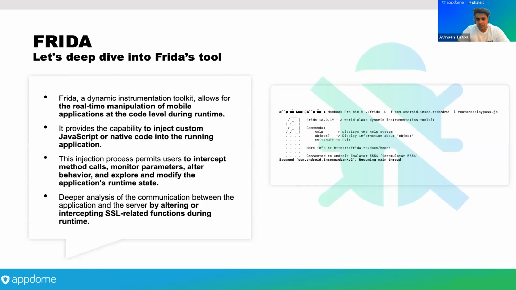So now here, if you see the screenshot, it's trying to communicate with the binary which is installed on a device and trying to run a root and SSL bypass JavaScript.